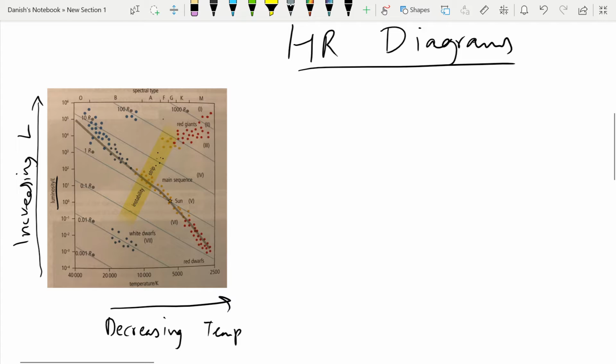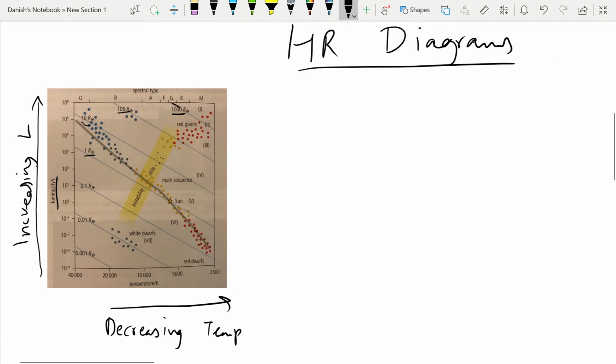Another feature of the graph is probably the diagonal lines. You may have noticed these diagonal lines. I'll get rid of them so you can see. They also have a number attached to it. So this number corresponds to the line. The R is basically talking about the radius of the sun. It's talking about the size.